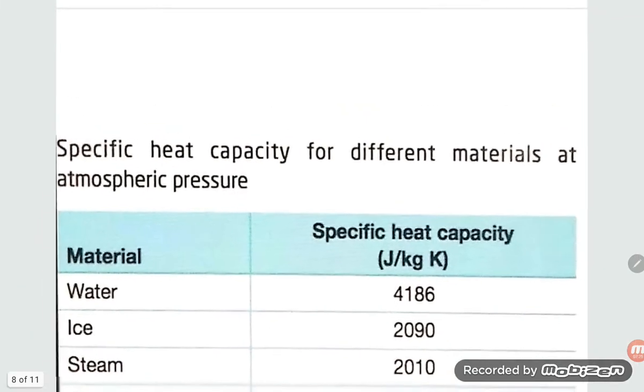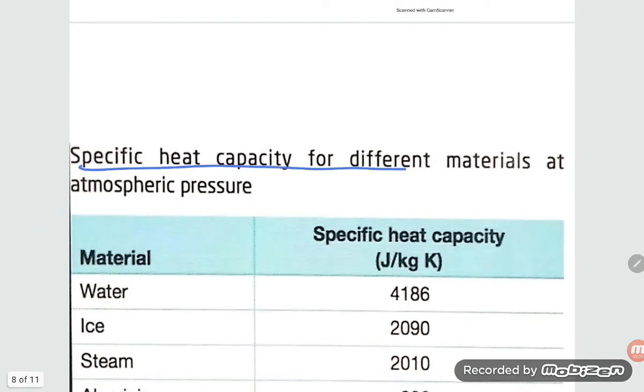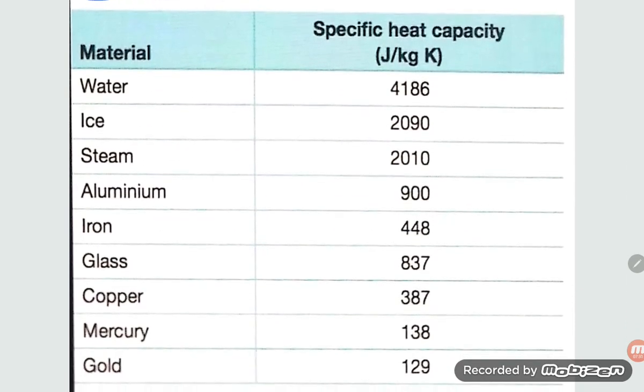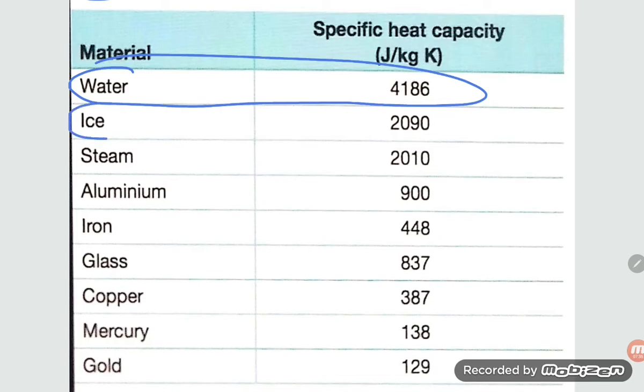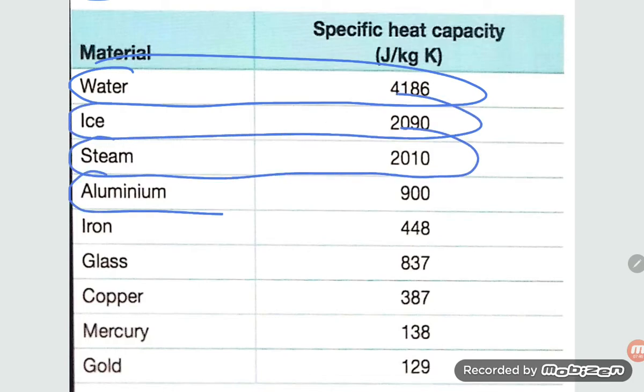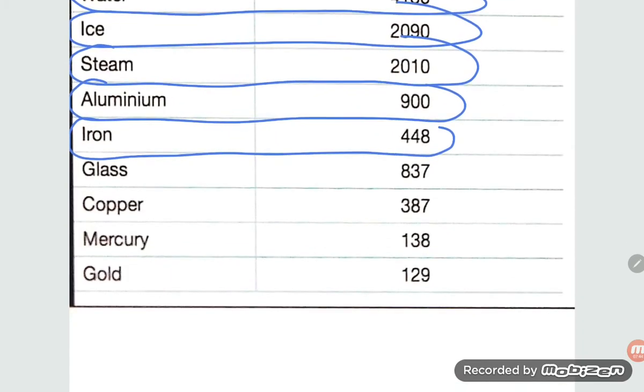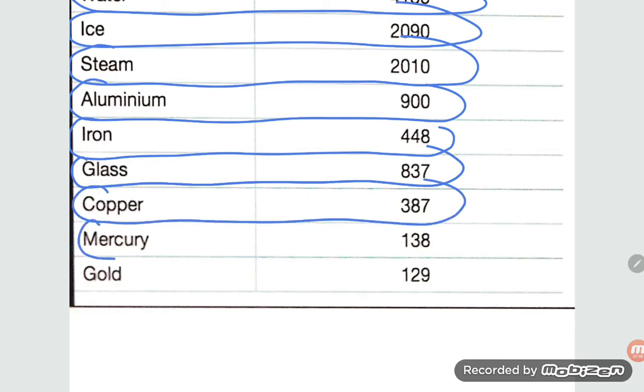Next, what is the heat capacity of different materials at atmospheric pressure? Water has a specific heat capacity of 4186, ice has 2090, steam has 2010, aluminum has 900, iron has 448, glass 837, copper 387, mercury 138, and gold 129.